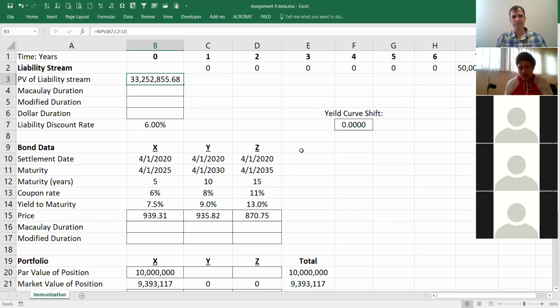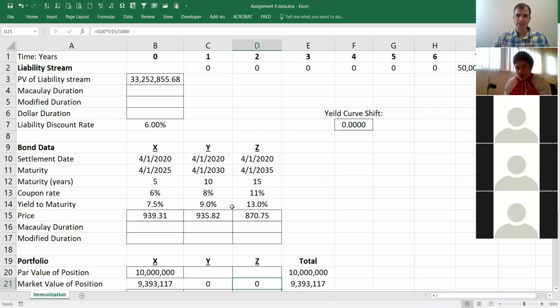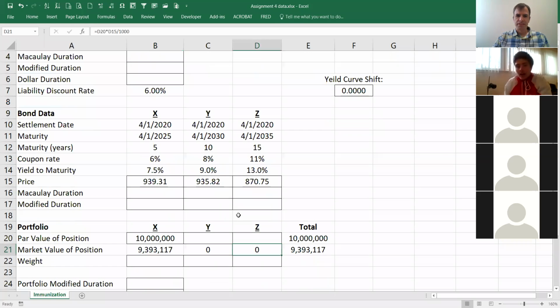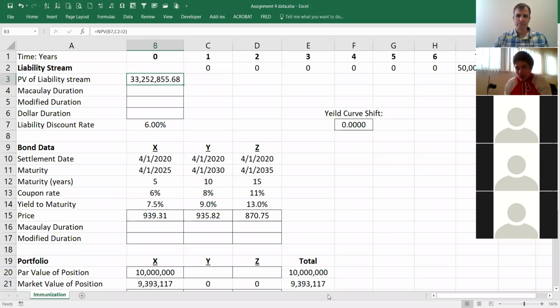But does it matter if we use a different combination of these bonds to get the same result? That's true. There's not one unique solution to how much of each bond you should purchase. So I can use various combinations, insofar as my market value of the portfolio is equal to the present value of the liability stream.